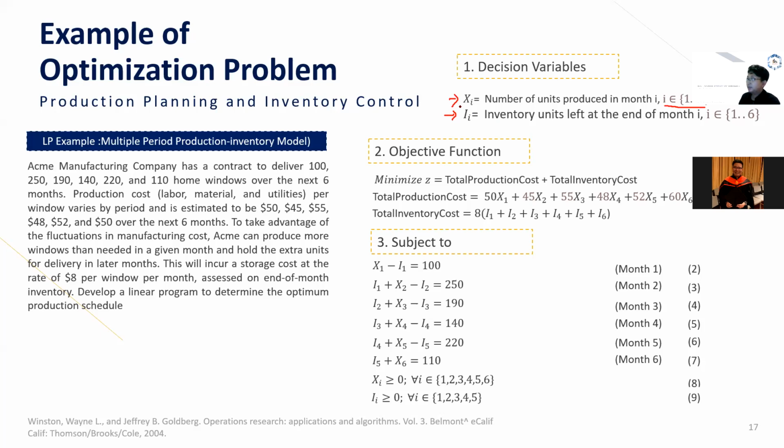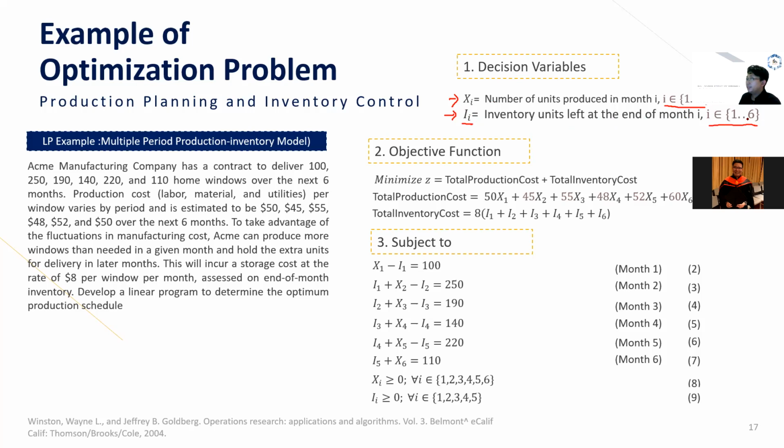Because we know that we can produce more than what is requested, the rest of it we will consider as inventory, which can be used to fulfill the demand in the next month. This will be represented with index i, and in the same way i is an element of 1 until 6.